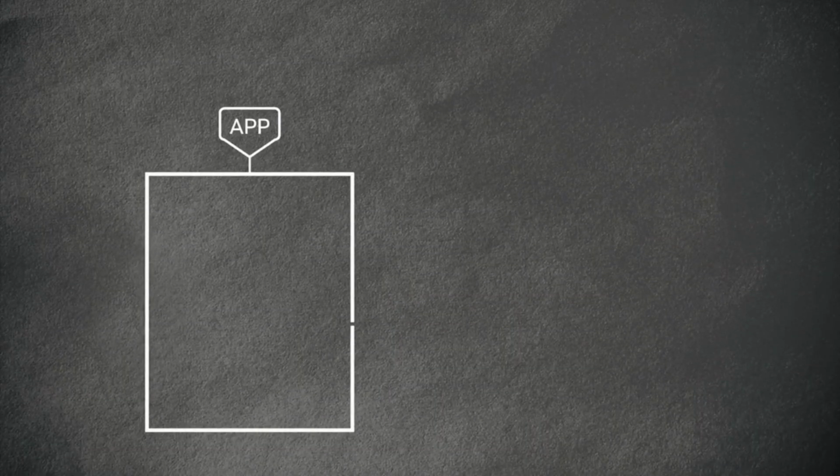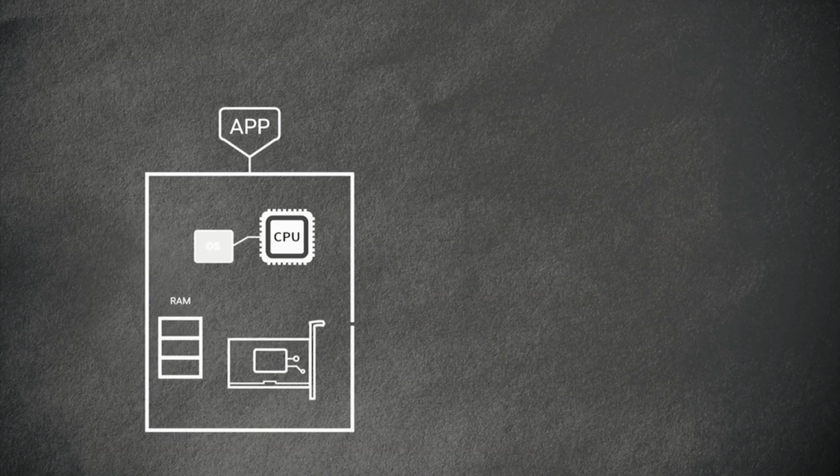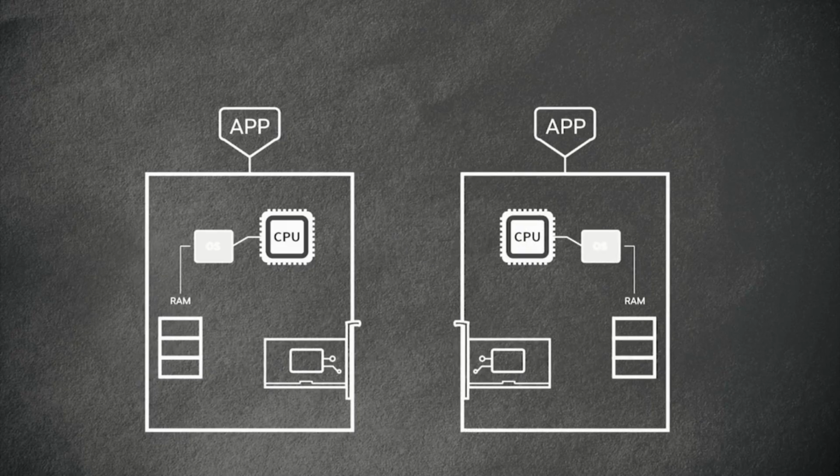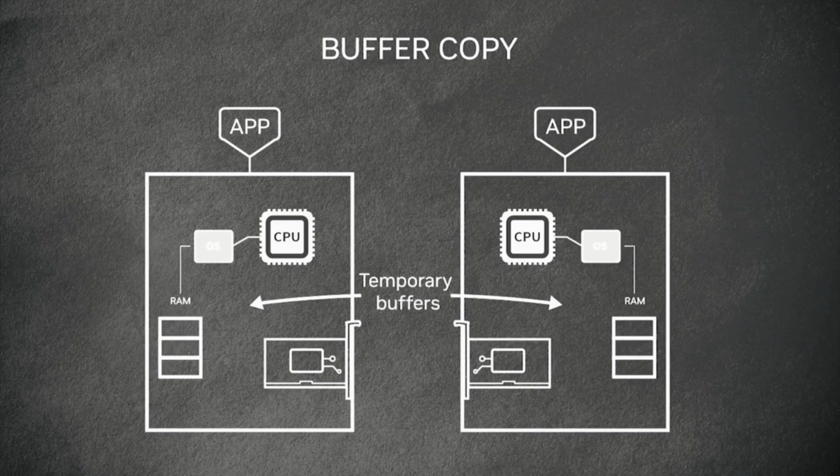Now, a very important concept in RDMA would be memory zero copy. When using the one-sided communication model and the RDMA capability, we have two common techniques for sending data from one point to the other. The first is called buffer copy, and the second is called zero copy. Buffer copy means that you have a temporary buffer or buffers on both sides, the sender and the receiver.